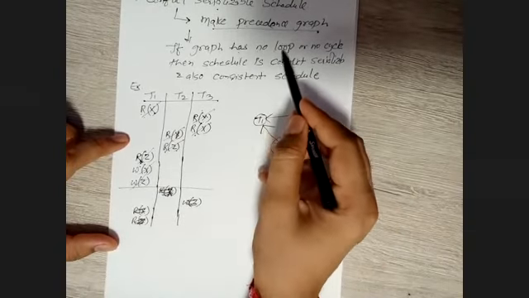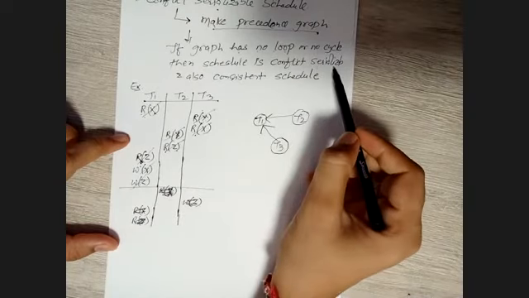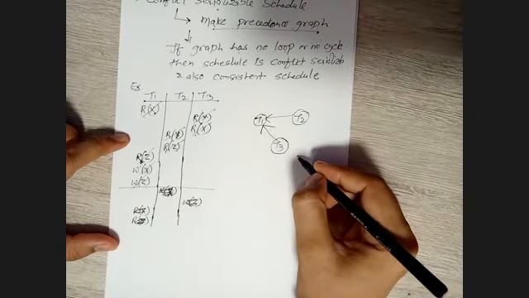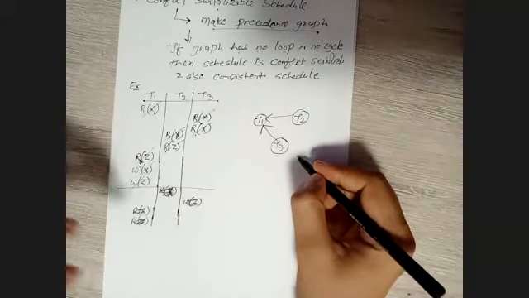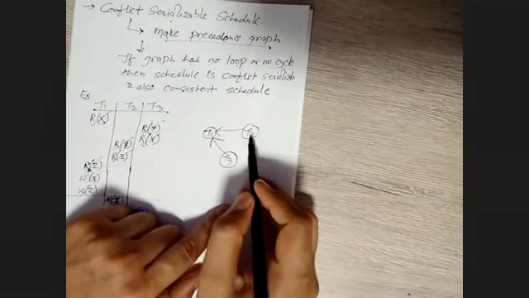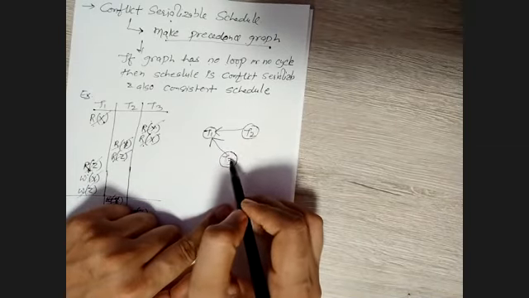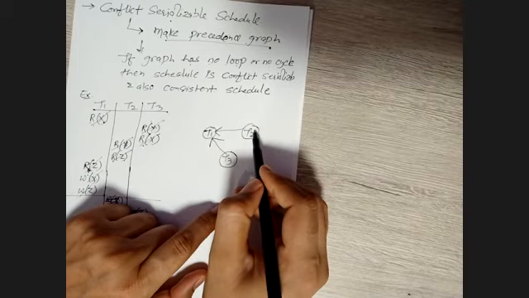If the graph has no loop, that is no cycle, then we say this is a conflict serializable schedule. So there is no loop. How do we identify whether there is a loop or not? If you are at the T2 transaction, you traverse any of the vertices and you come back to the same node, same vertex.